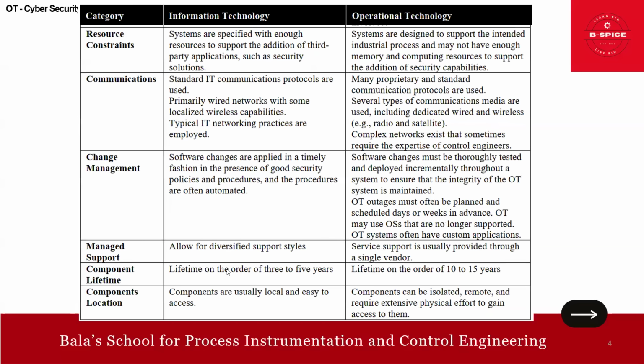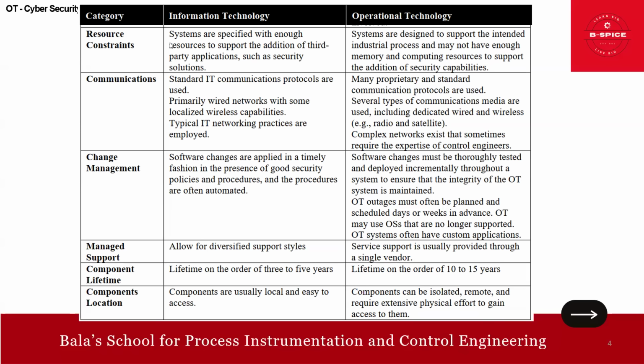Few more to add on: resource constraints. Friends, in information technology, systems are specified with enough resources to support the addition of third-party applications such as security solutions. Whereas in operational technology, systems are designed to support the intended industrial process and may not have enough memory and computing resources to support the addition of security capabilities.